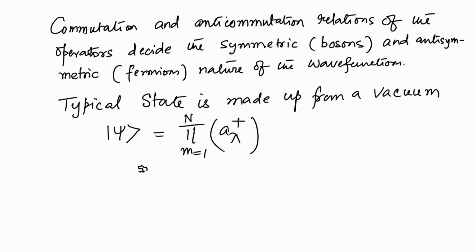The creation operators are always written with a dagger and to the power m, acting on the vacuum. The vacuum is the null state which has no particle. So, a lambda successively operating on this m times will create that many, capital N, number of particles.